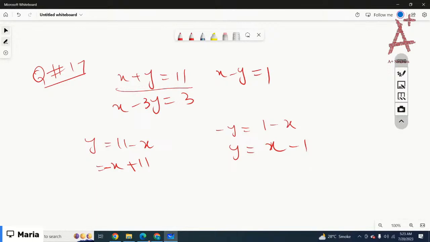The slope of the first equation is negative 1, and the slope of the second equation is 1. Equation 1 and equation 2 have slopes 1 and negative 1. That means they are perpendicular. So this is a right angle triangle.